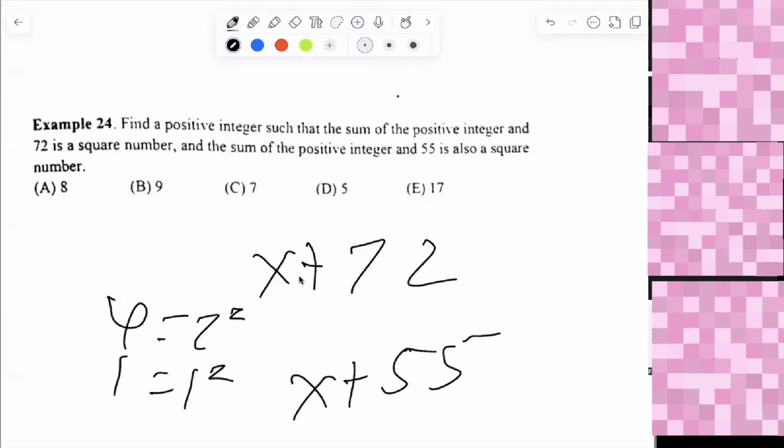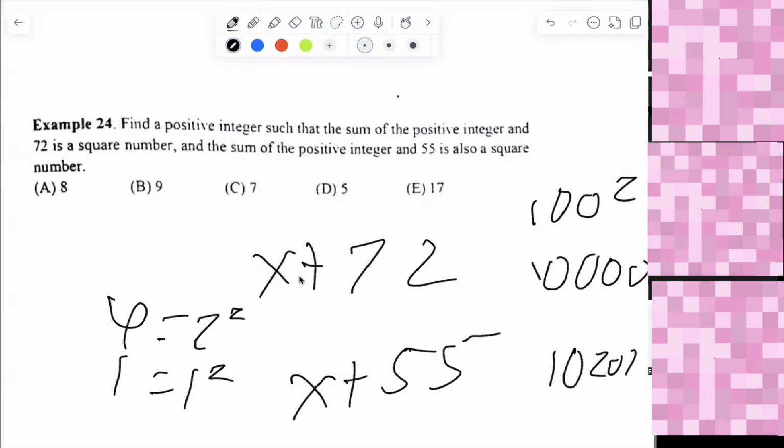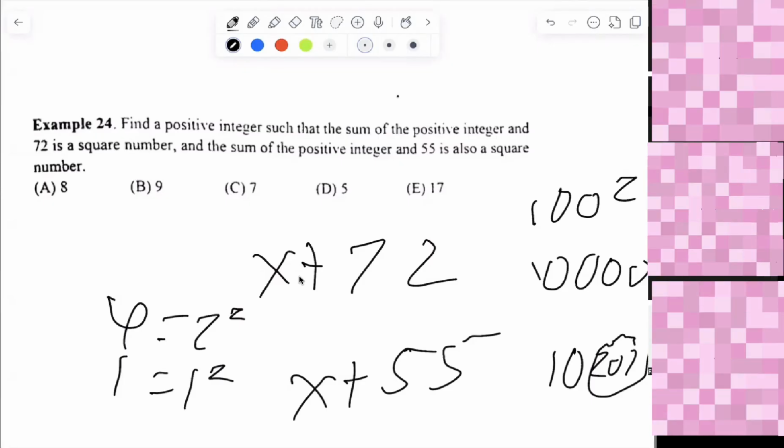I'll take 100 squared, which is 10,000, and 101 squared is 10,201, if I remember correctly. Yes, the gap between 100 squared and 101 squared is 201. But for 4 and 1, 2 squared and 1 squared, the gap is 1 and the difference is only 3.